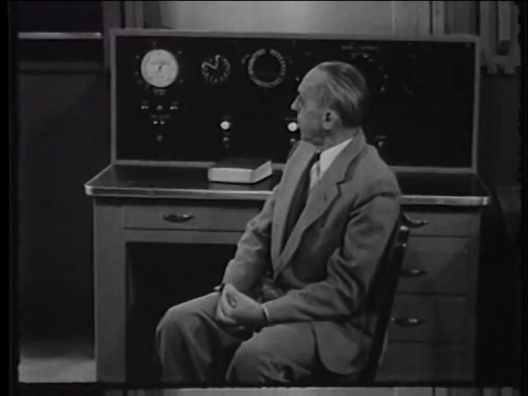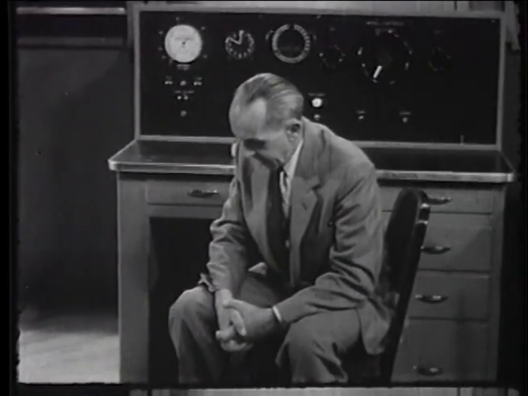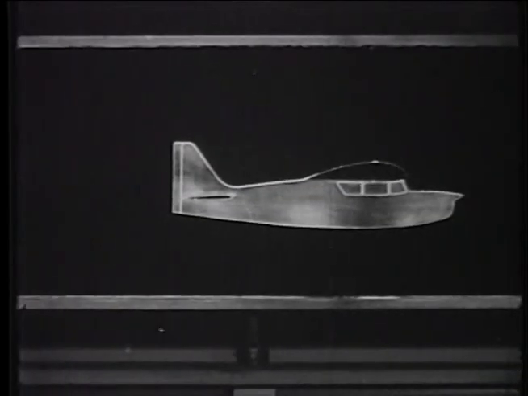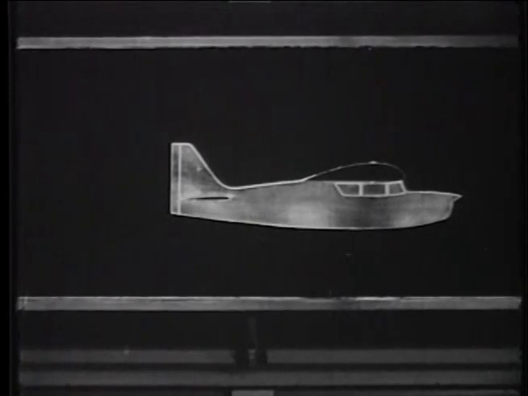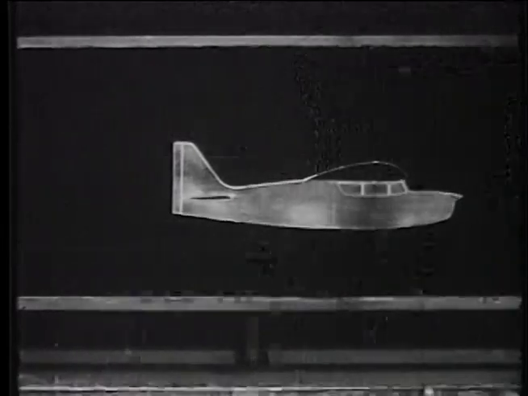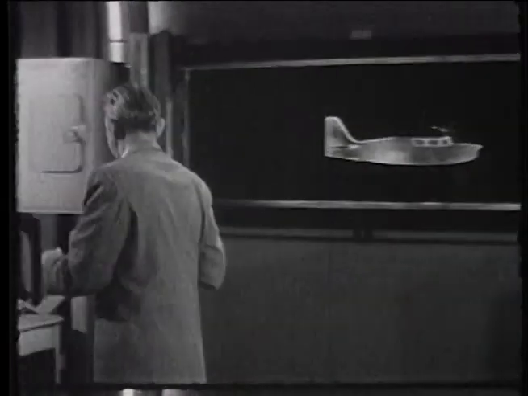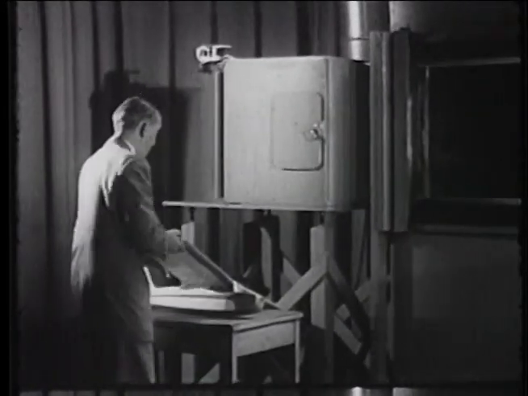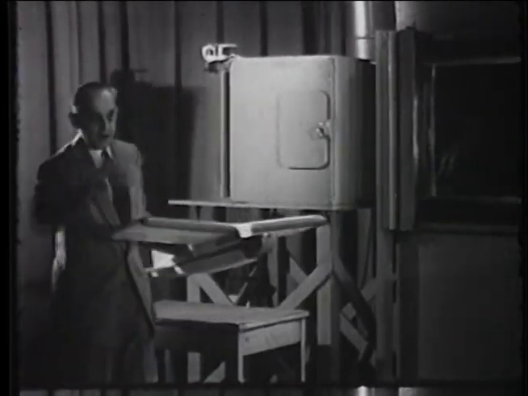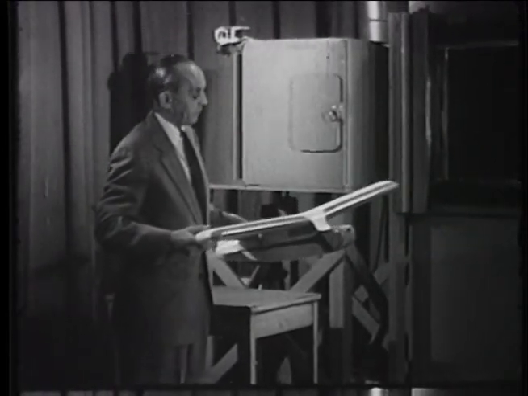Now, how can we do and see it in this smoke tunnel? We see there only a section of the flow. We see only a cross section. And to explain it to you more specifically, I have here a model of a light plane as we just saw him in our movie picture.